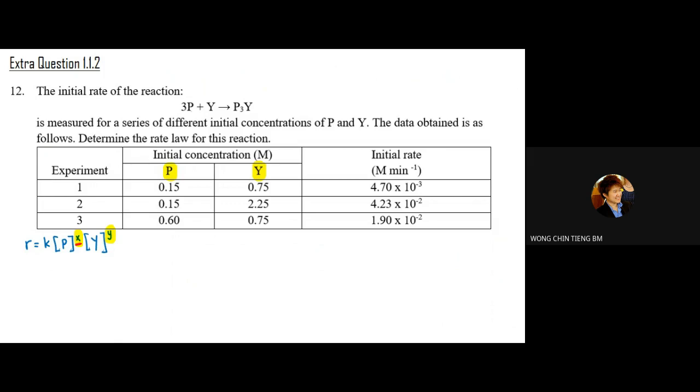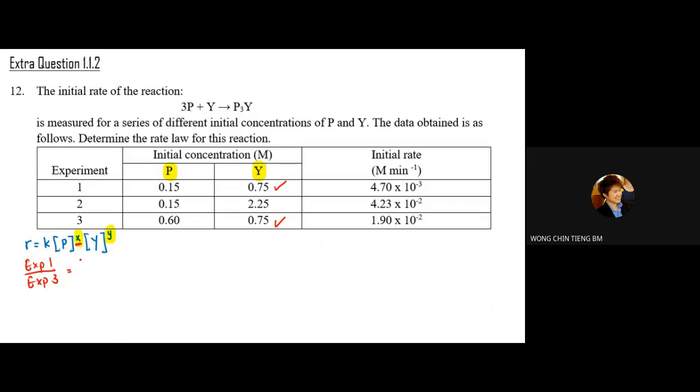Concentration Y yang sama, which experiment? 1 and 3. So 1 and 3 sama. Therefore, to find the X, we will use experiment 1 over experiment 3. Senang? Easy. Betul? Alright.